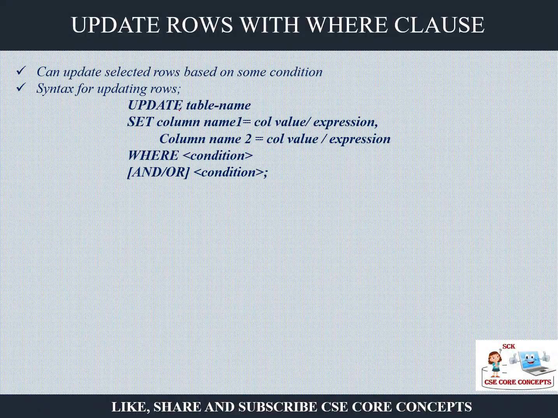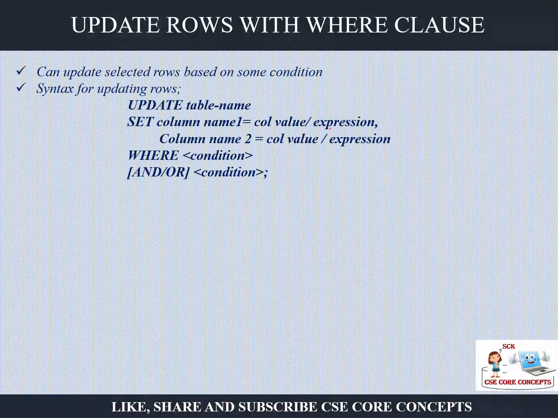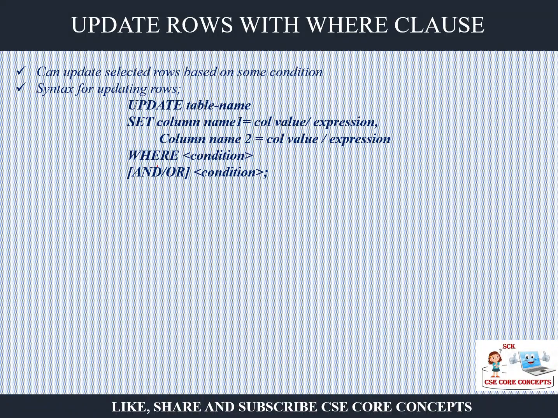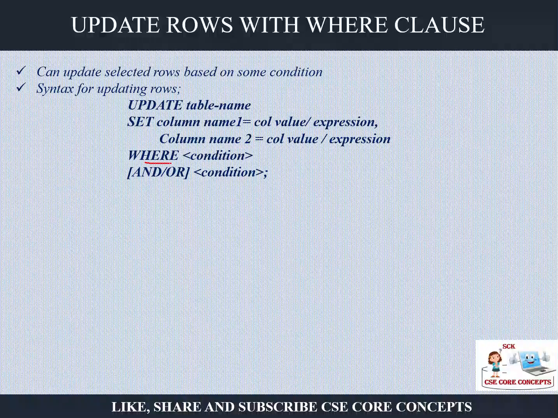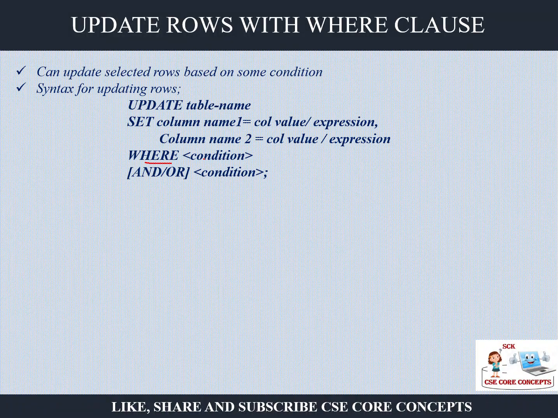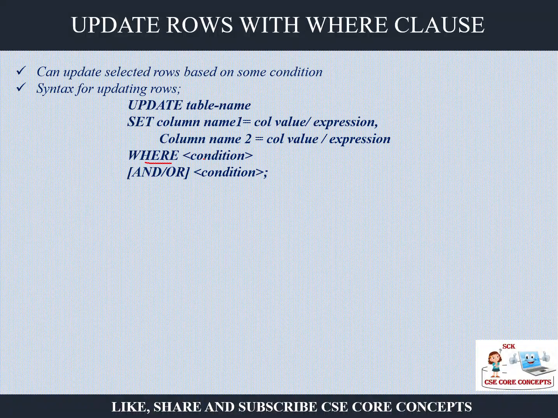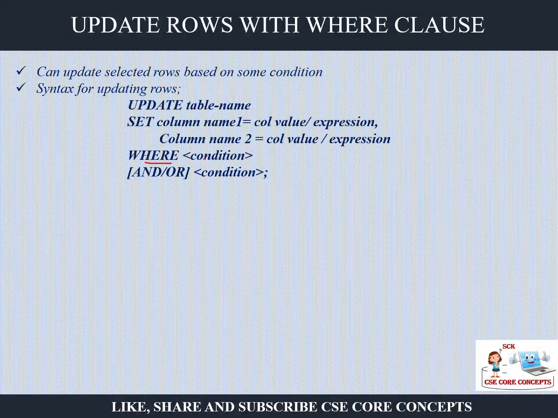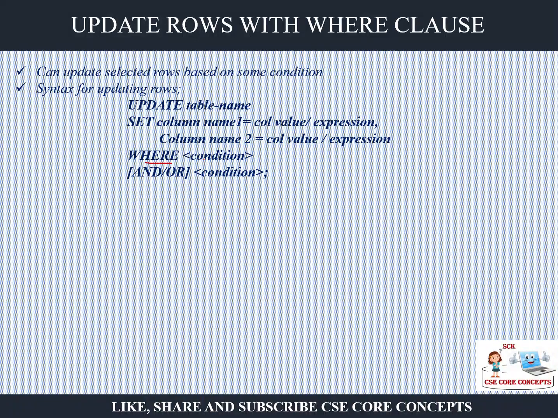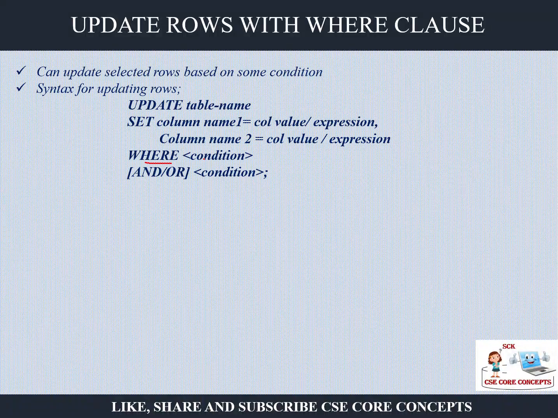You can write update table name, set the column expressions, where. This is the keyword by which you can mention the condition. So let's say where salary is less than 1000. You want to give the 100 rupees bonus to those employees whose salary is less than 1000 rupees, so you can mention a condition here: where salary less than 1000.